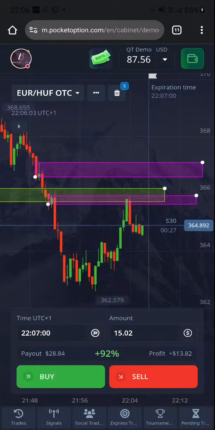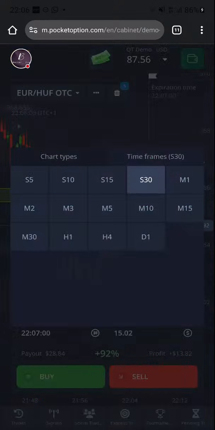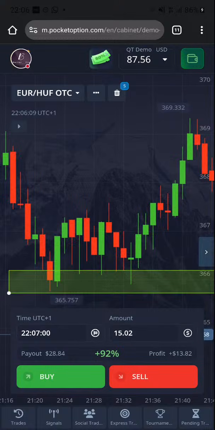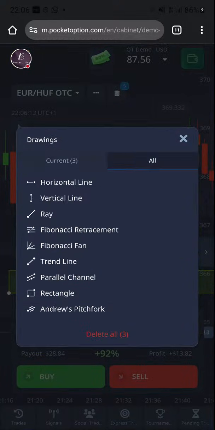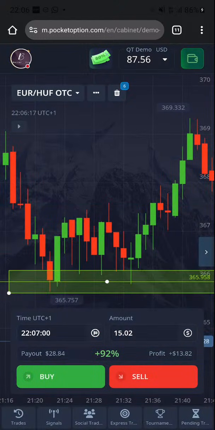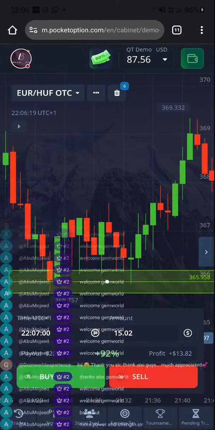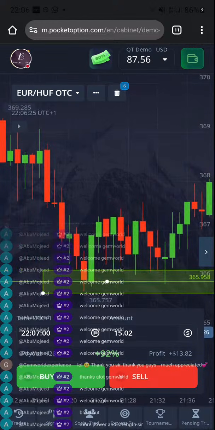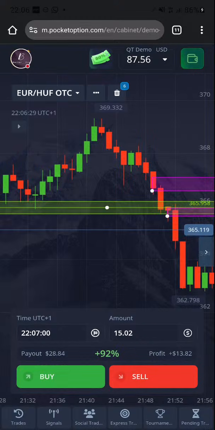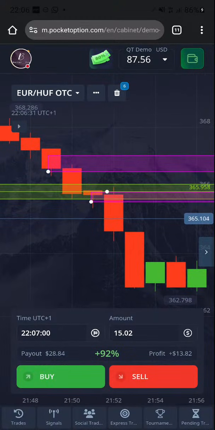Okay, cool. Let's go back to M1. You see we have this area down here, and price has rejected it. It's a very strong support area for the market in times past. The market has been supported, they've been bouncing off that, but eventually down here they broke.